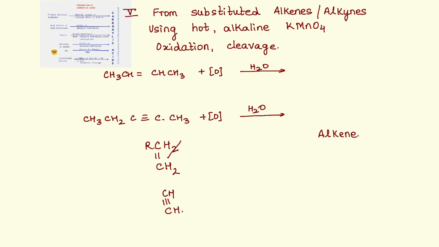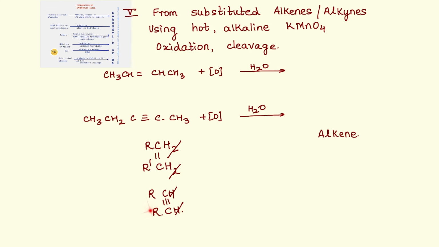This becomes a substituted alkene. You can replace the second hydrogen also by an alkyl group. They may be same or different. In each case, it's a substituted alkene or a substituted alkyne.